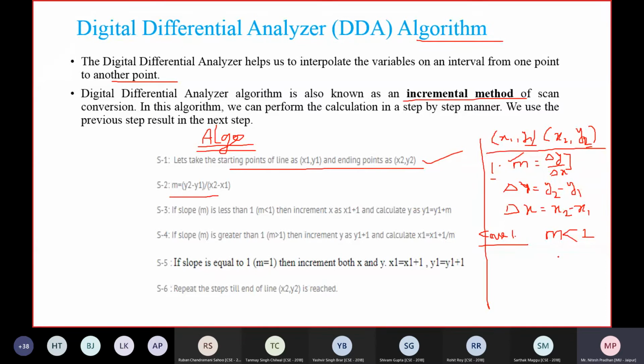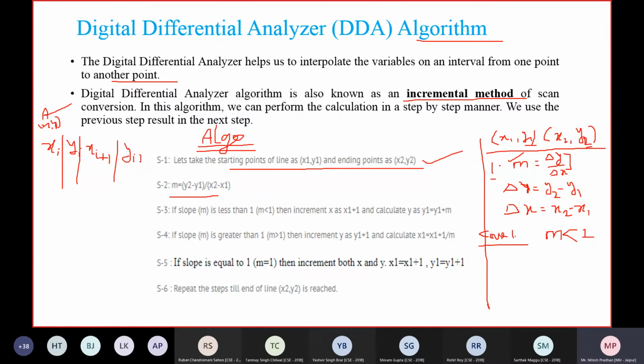Okay, so guys, in that case, you have to increase x as well as your y. So the thing is what? Initially you have your first coordinates. For example, if this is the line, this is point A with coordinate x comma y. These are the points which are given in your question. Now your target is what? You have to find the next coordinate, for example, if it is xi and yi, the next coordinate will be xi plus 1 and yi plus 1.